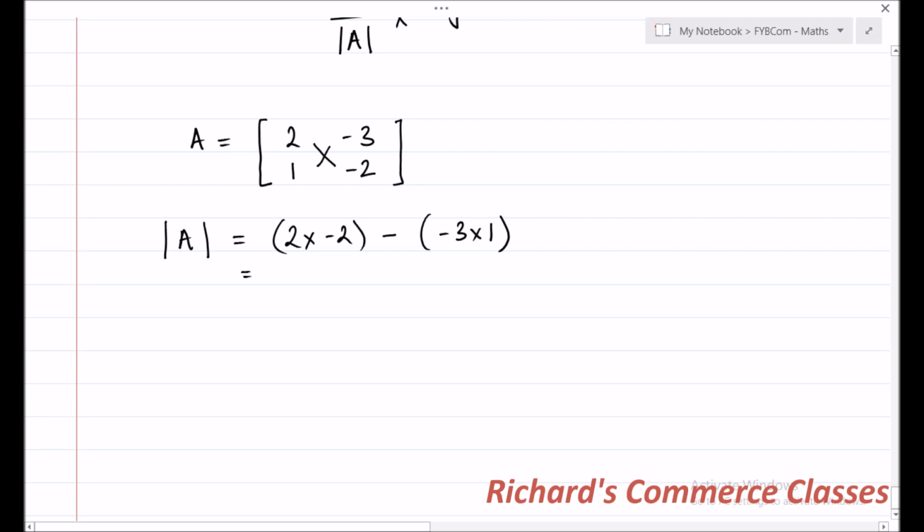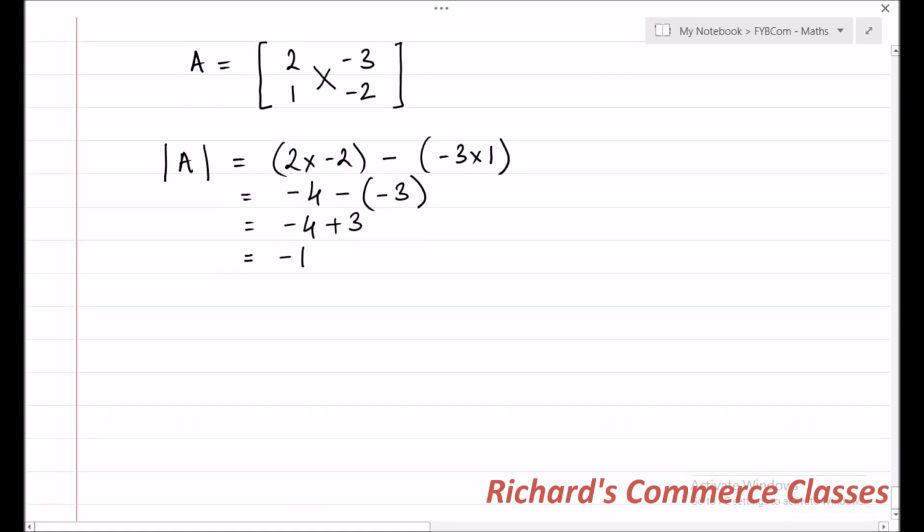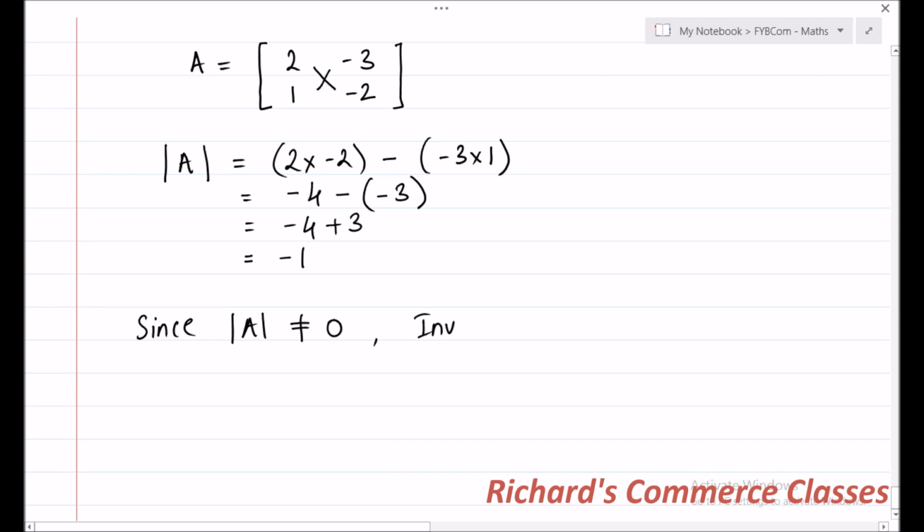Solving further, 2 into minus 2 will be minus 4, minus 3 into 1 is minus 3, which is equal to minus 4, and minus into minus will make it plus 3. Finally, the determinant of A is equal to minus 1. Now we can conclude that since the determinant of A is not equal to 0, the inverse exists.